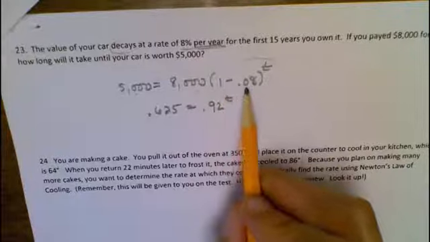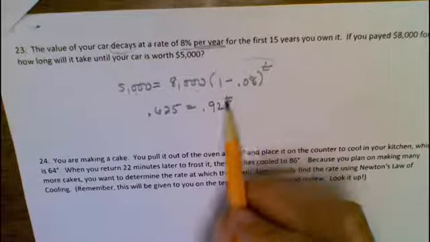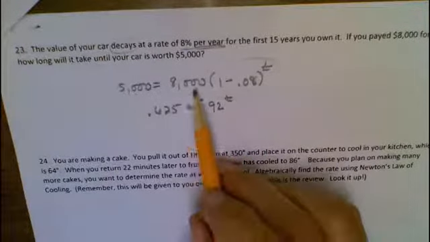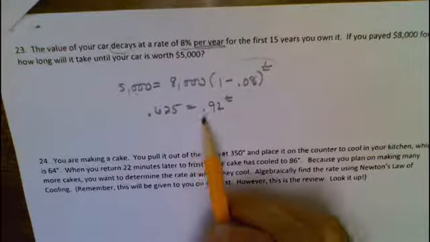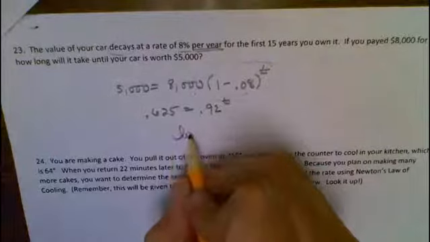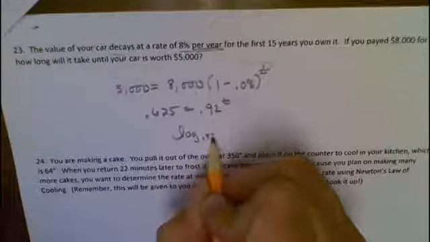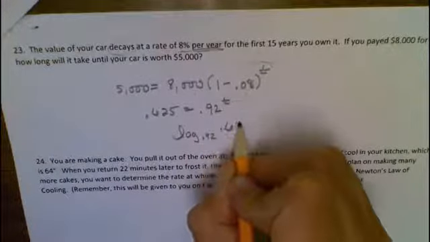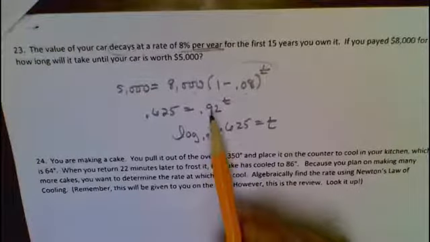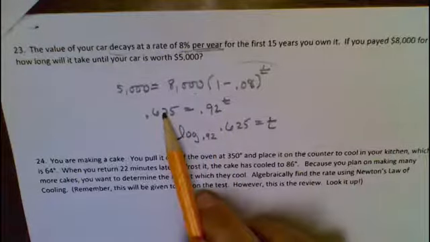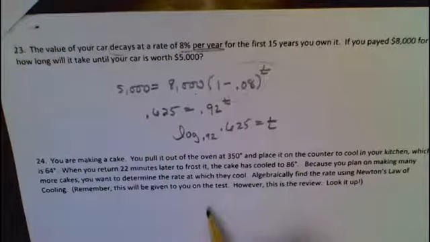So instead of 1 minus 0.08, I'm writing it as 0.92. Divided by 8,000 to undo that multiplication. So now I need to put it in log form. Log base 0.92 of 0.625 equals my exponent t.